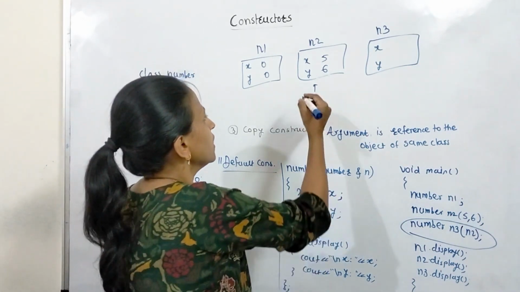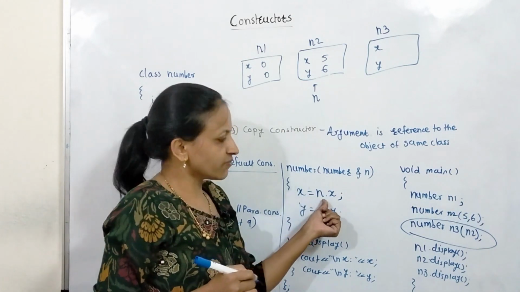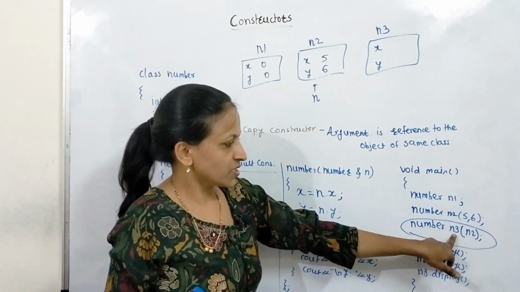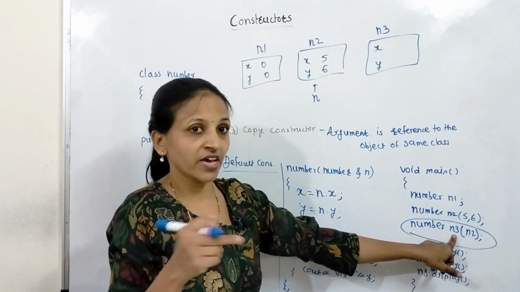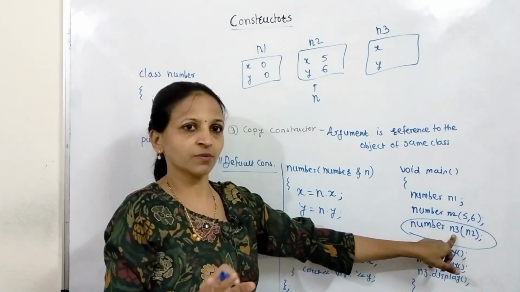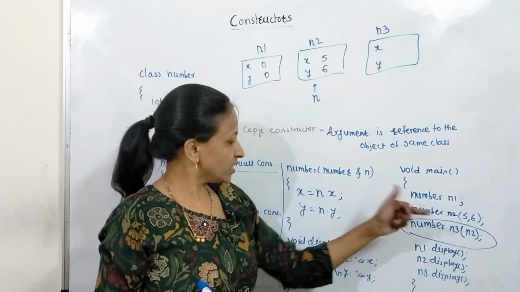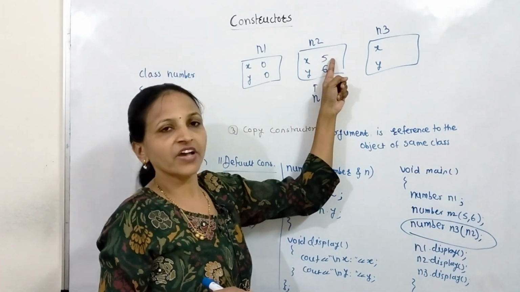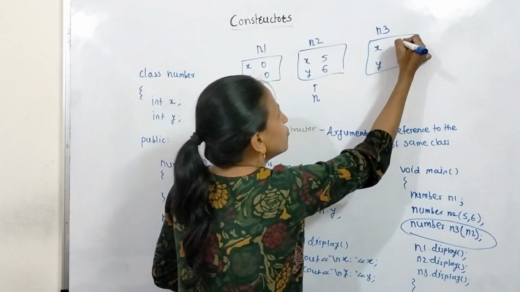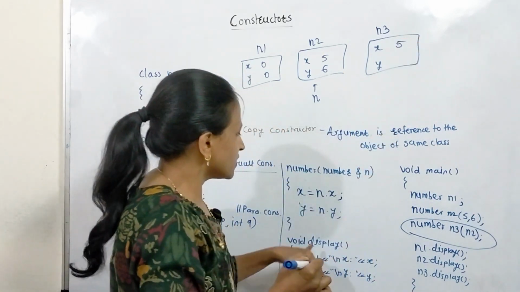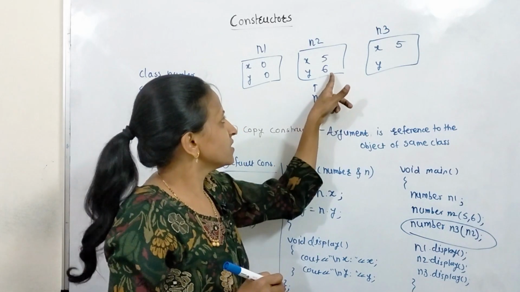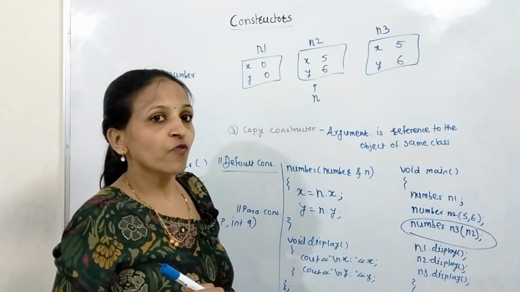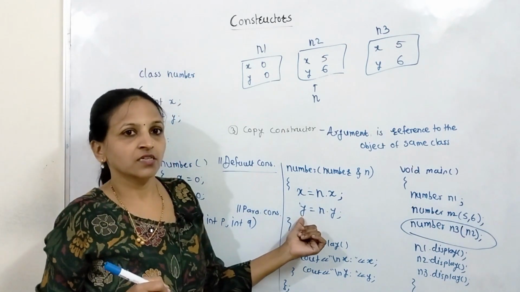Now see, here I have written x equal to n dot x. Now x, whose x? The calling object's. Here the calling object is n3, means we are creating that n3 object, that is nothing but the calling object. n3's x is equal to n dot x. n dot x is nothing but 5. That's why here the 5 value will be assigned. In the same way, n dot y means the 6 value will get assigned to y of n3.